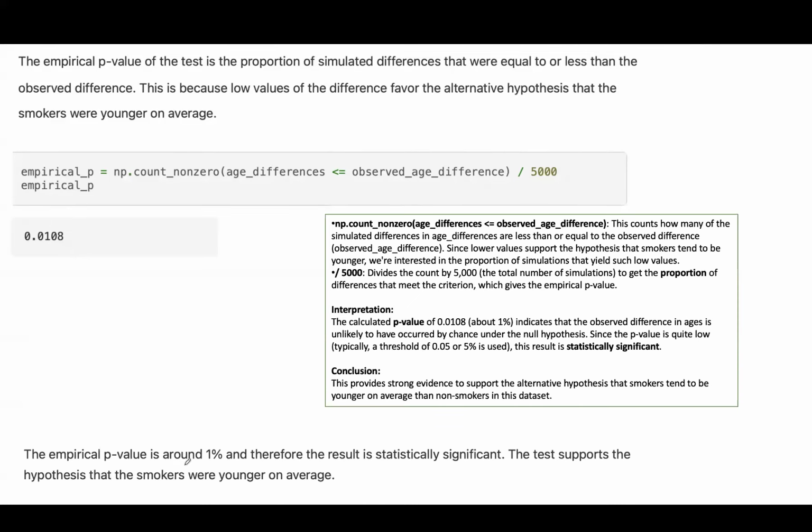The empirical p-value is around 1%, and therefore it is statistically significant. The tests support the hypothesis that the smokers were younger on average. So again, since the p-value is less than or equal to alpha, we're going to reject the null hypothesis that any difference is due to chance, and we're going to support the alternative hypothesis.